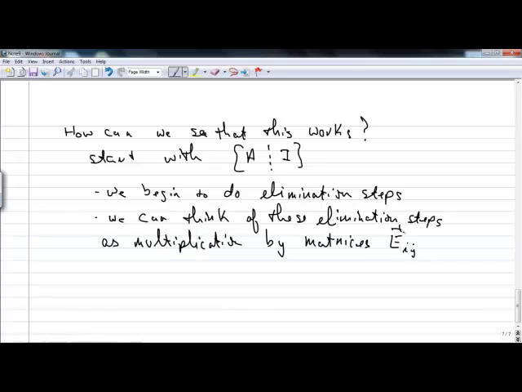Say E_ij. So each elimination step is an E_ij, and then the product of these elimination steps is E, just like we did with Gaussian elimination.